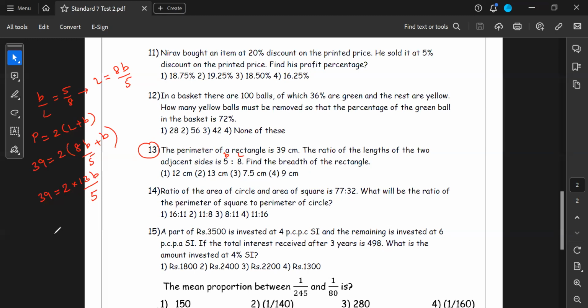I take everything on the other side. So the breadth comes as 39 multiplied by 5 upon 13 multiplied by 2. 13 ones are 13, 13 threes are 39, 3 fives are 15. 15 upon 2 is 7.5. So your answer is 7.5.